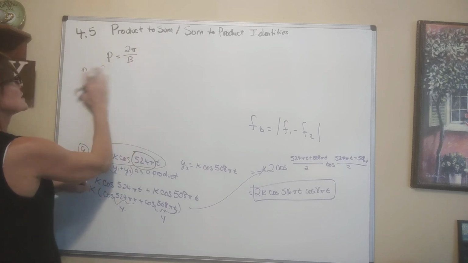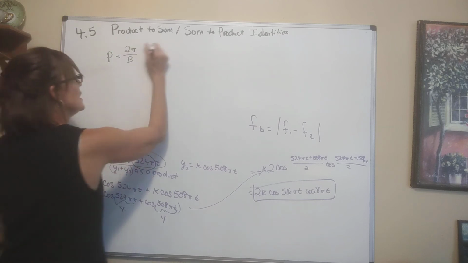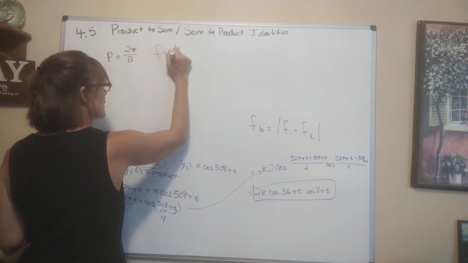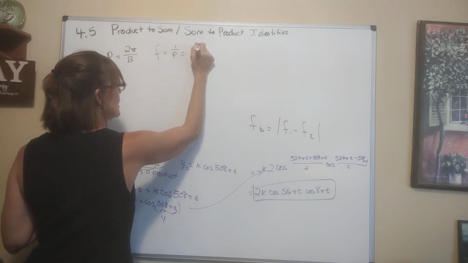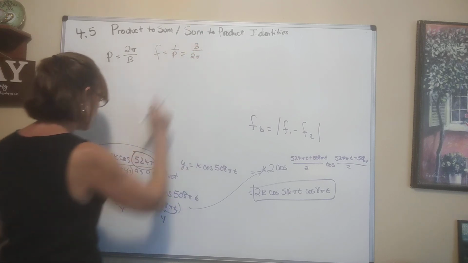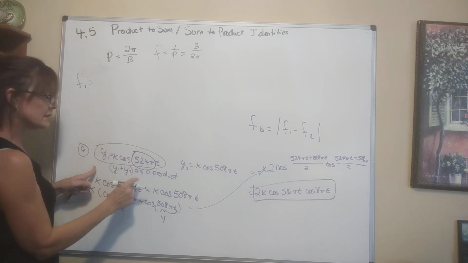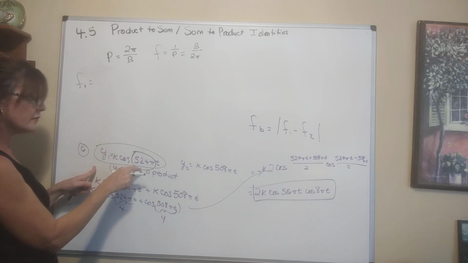So the period for the first one is 2 pi, you know what? Let's just skip right to frequency. Frequency is the reciprocal of period, so the frequency is going to be b divided by 2 pi. What is the first one's frequency, F1?